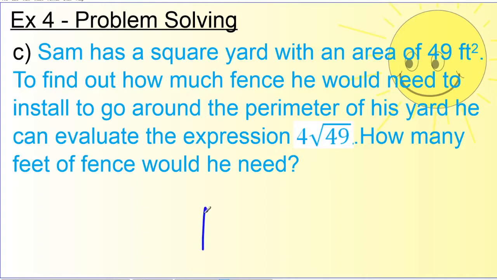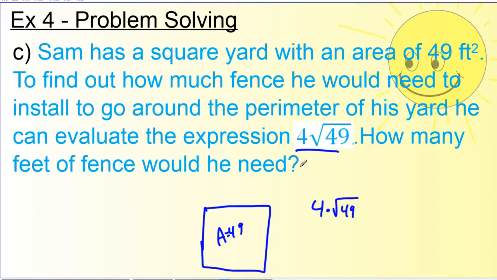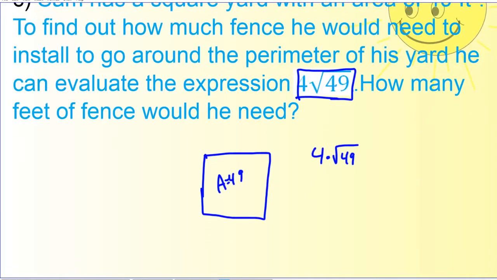Alright, so he has this square yard, and it says the area is 49, and it says to find out how much fence he needs, he can evaluate this expression. If we just figure out what this number is, that's how much fence he needs. So I'm going to take 4 times whatever the square root of 49 is.